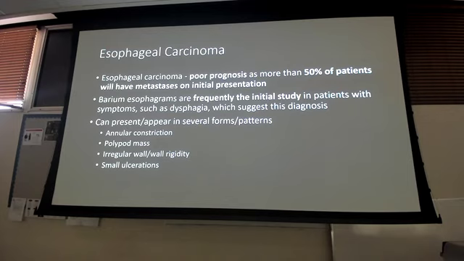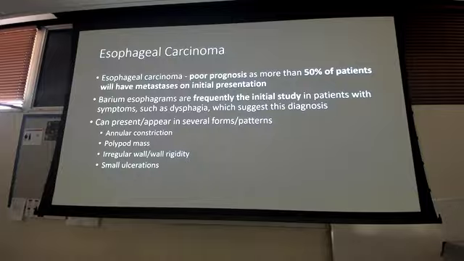So, anyways, if you are concerned about esophageal carcinoma, barium esophagograms or barium swallows, that first thing we talked about, is frequently the initial study, and usually the symptom is going to be simple dysphagia. It hurts to swallow. They're probably going to be a smoker, or were a smoker at some point, and/or have a long-standing history of some type of reflux disorder.